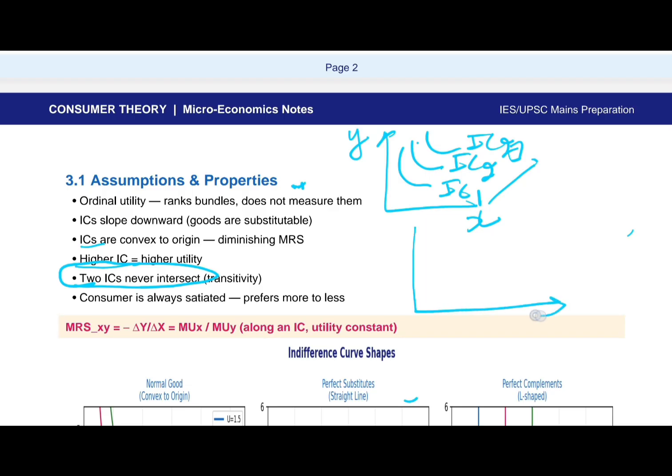Why can't they intersect each other? Let's explain with the help of an example. Suppose this is indifference curve 1 and this is indifference curve 2.